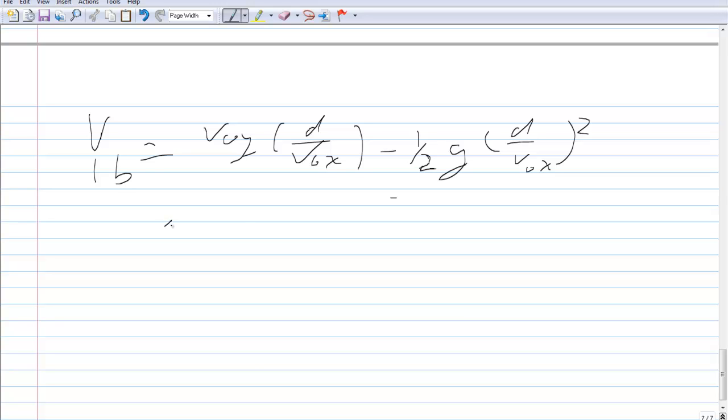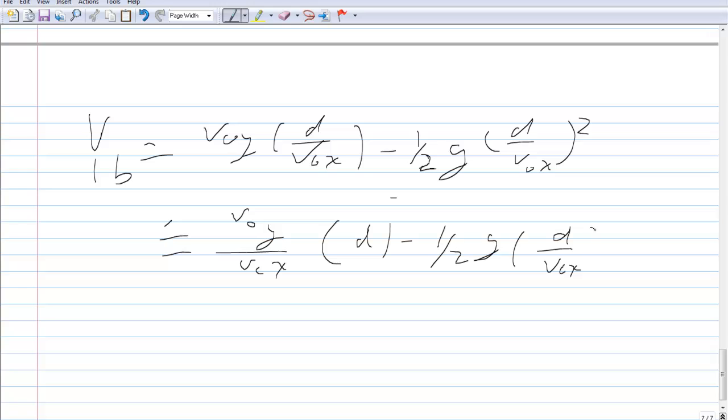So rewriting this just a little bit, we can make this v naught y over v naught x times d. Then we'll keep the second term the same, 1/2 g d over v naught x squared.